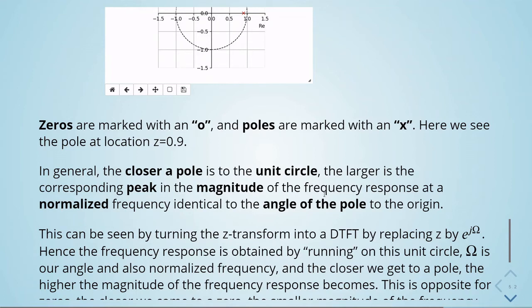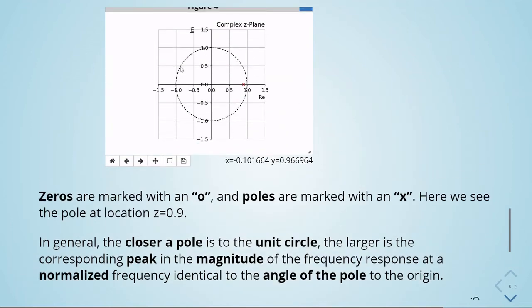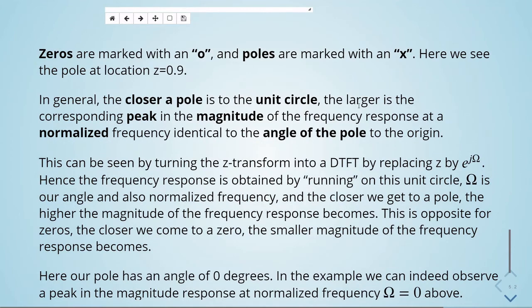This can be seen by turning the z transform into a DTFT by replacing z by e to the power of j omega. Hence, the frequency response is obtained by running on this unit circle, and omega is our angle and also the normalized frequency.